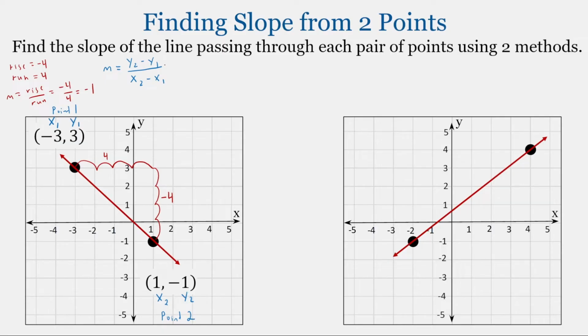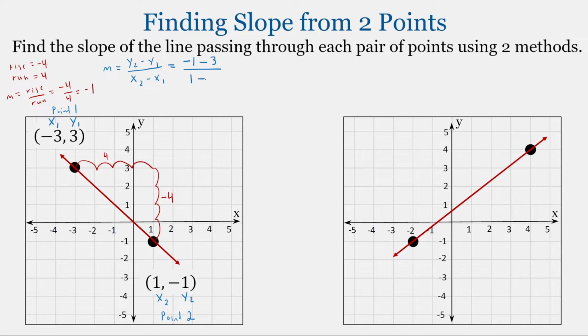And now we're going to evaluate this formula with those values. Y sub 2 is negative 1. Minus, then y sub 1 is 3. This is all over, well, x sub 2, that's 1.